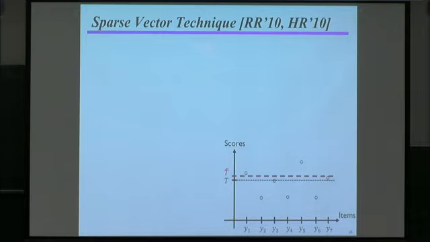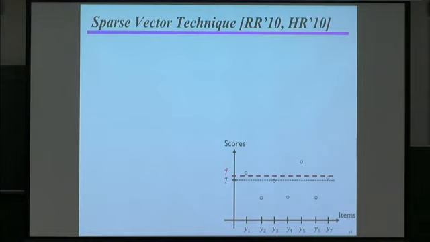There's some variant of this exponential sampling technique that allows me to find items with large score in a sequence that's coming to me one item at a time.